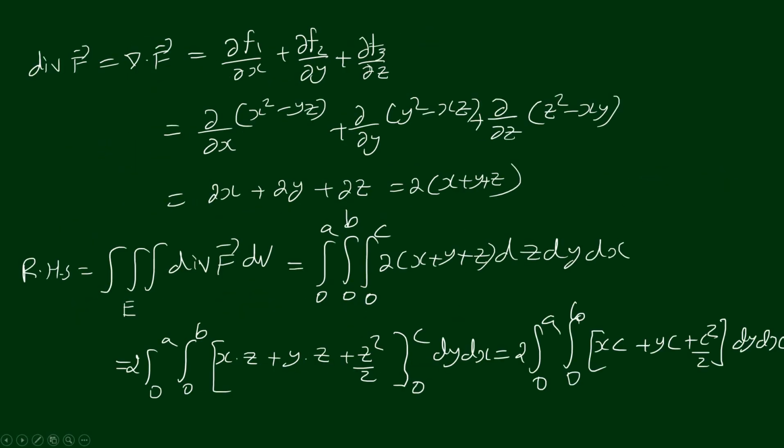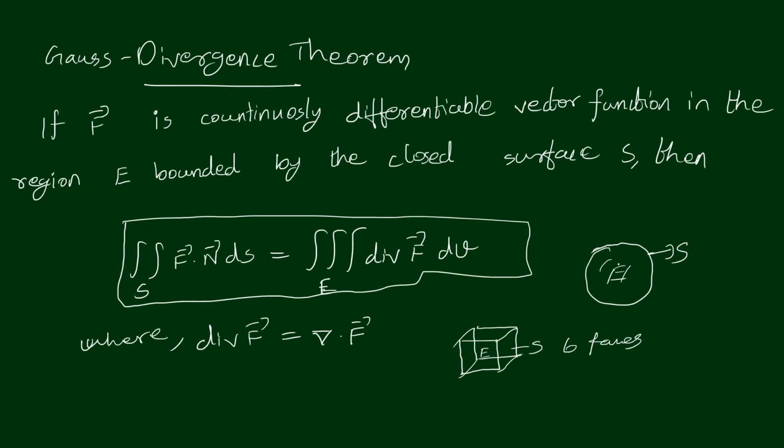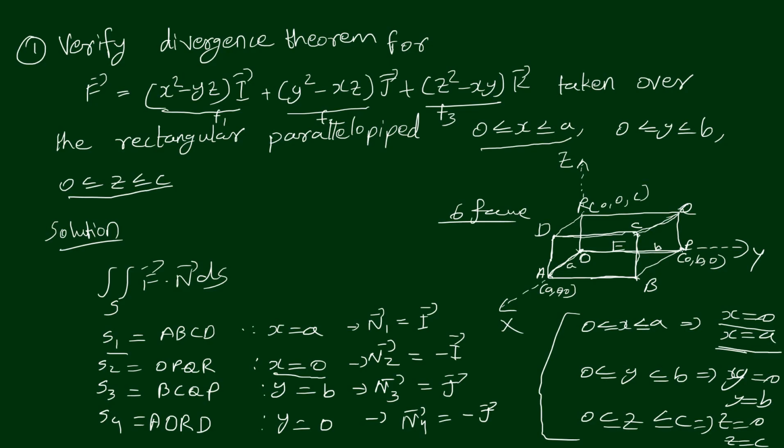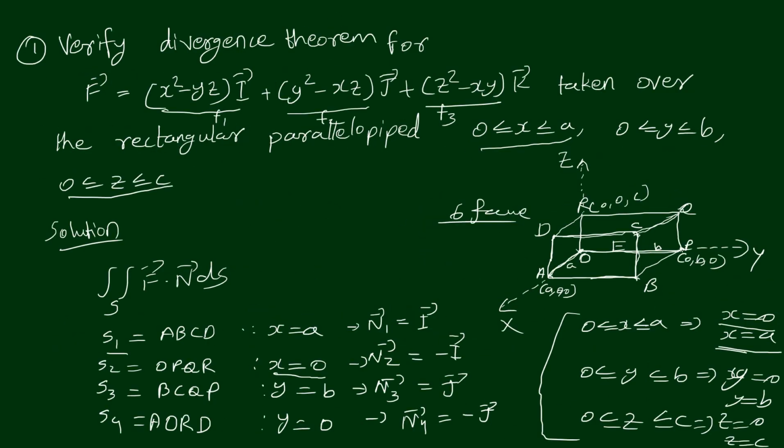For verifying the divergence theorem, what will we do? We have to separately find the left hand side, that is the surface integral, and the right hand side, and you need to verify that both are the same. Finding the left hand side is a very lengthy process, as you need to evaluate 6 surface integrals.